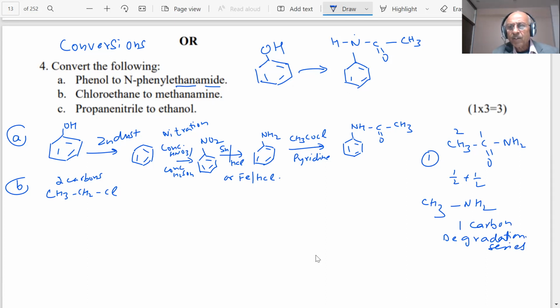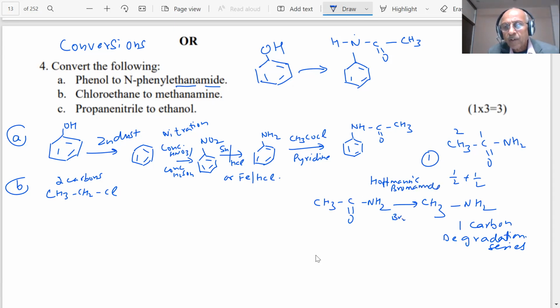Now you talk of the degradation series. You have learned a reaction in which if I have CH3CONH2, students, I can convert this into this. I can reduce the number of carbons by 1. You are aware of this reaction, Hofmann bromamide reaction.